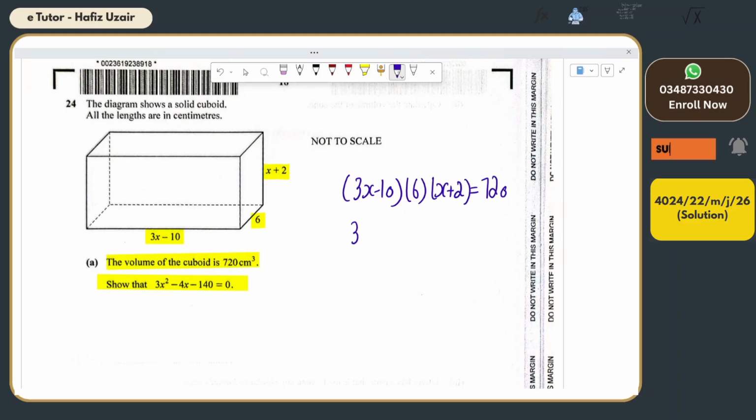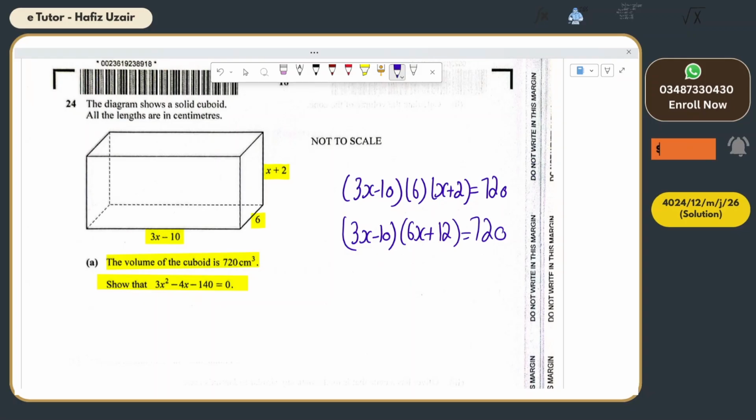So let's multiply 6 with x plus 2. So this will be 6x plus 12, is equal to 720. Now let's expand the brackets over here. If you multiply 3x with 6x, you will get 18x squared, and if you multiply 3x with 12, you will get 36x. So what you will write over here: 18x squared plus 36x minus 60x minus 120.